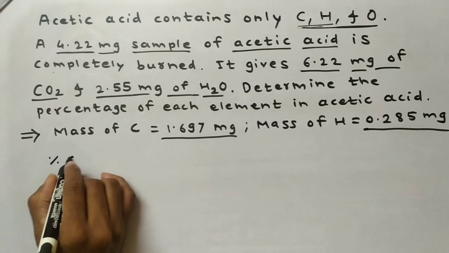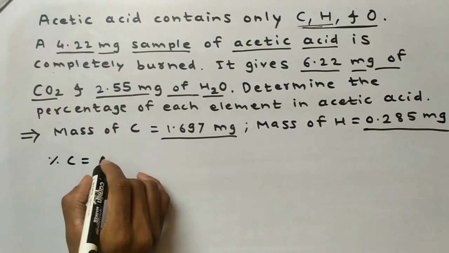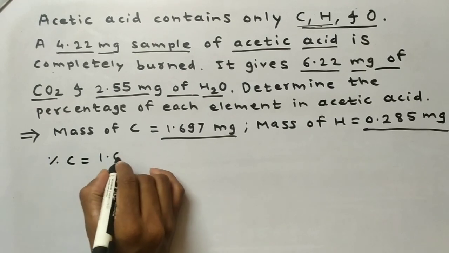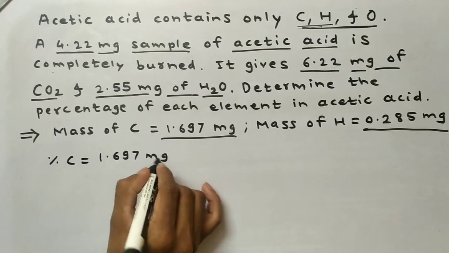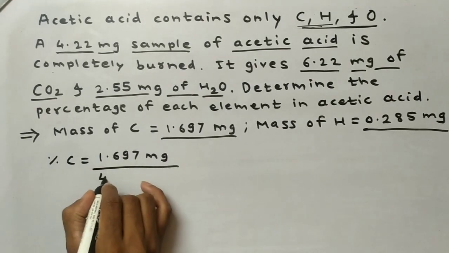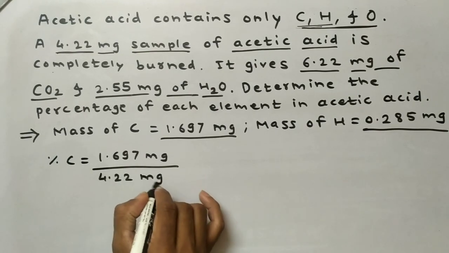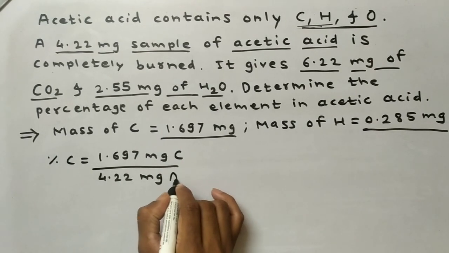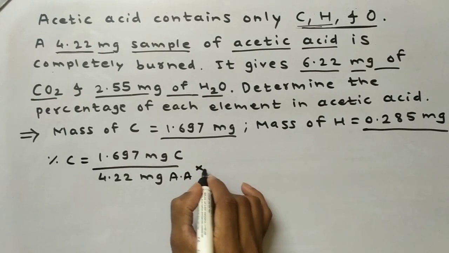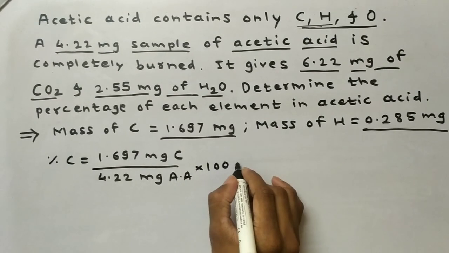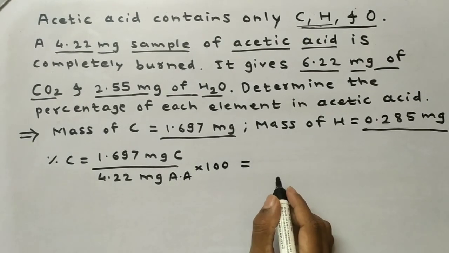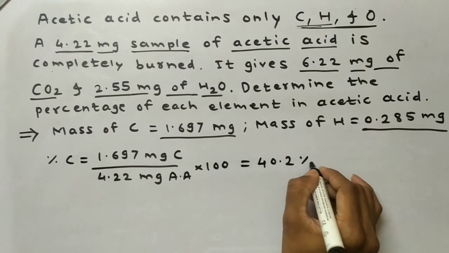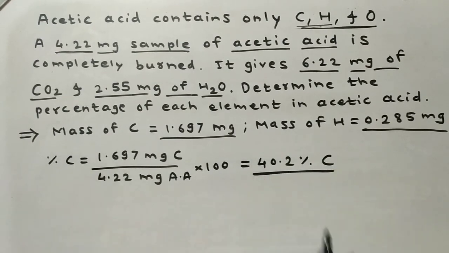Now we'll determine the percentage of carbon in the 4.22 milligram sample of acetic acid. So 1.697 milligrams divided by 4.22 milligrams, so this is the mass of carbon and this is the mass of acetic acid, multiplied by 100. This percentage will be 40.2% of carbon.